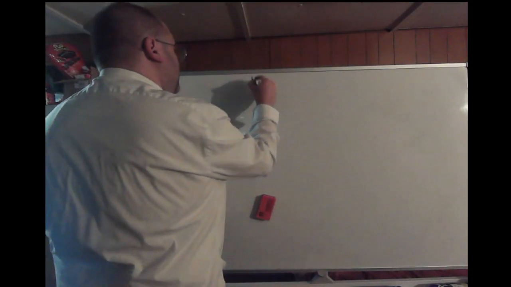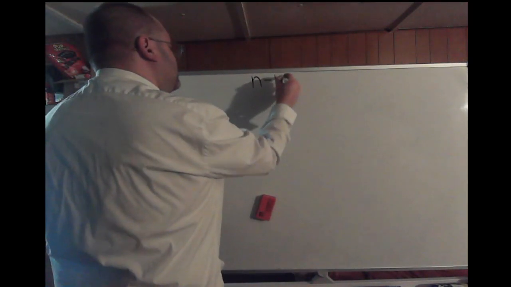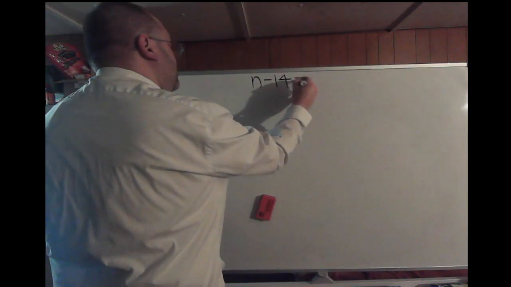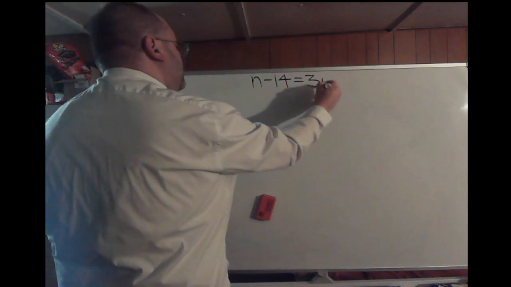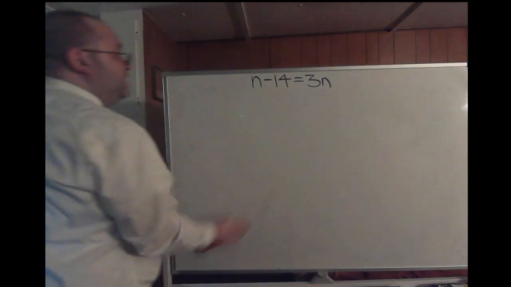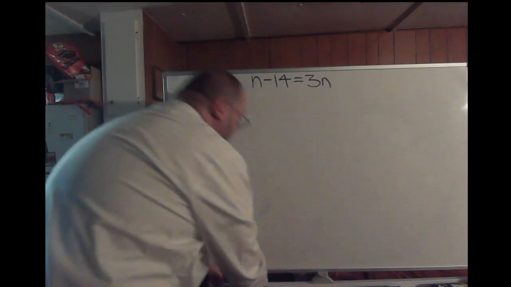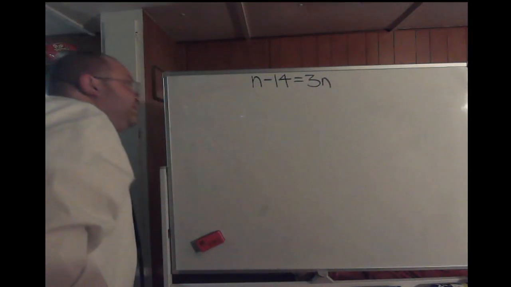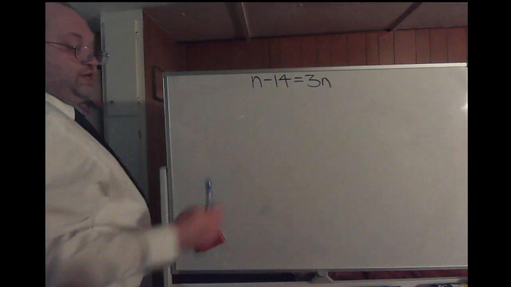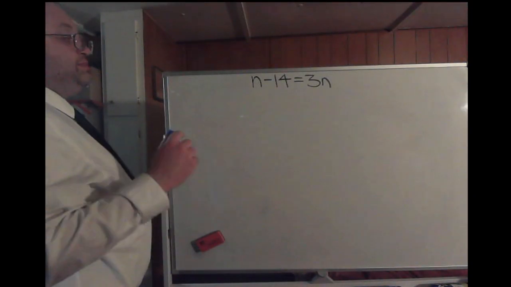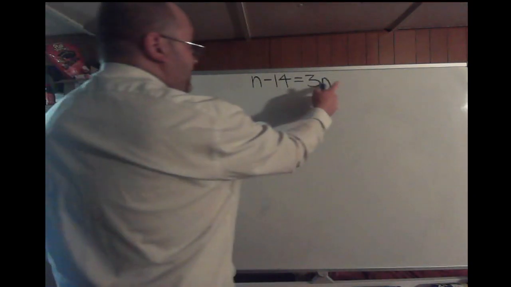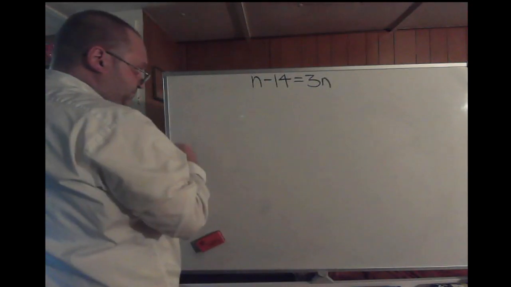All right, we got n minus 14 equals 3n. So we have n minus 14 is equal to 3n. Well, again, you want to have the variable on one side of the equation, not on both. It's my recommendation we get rid of the variable from the right-hand side.